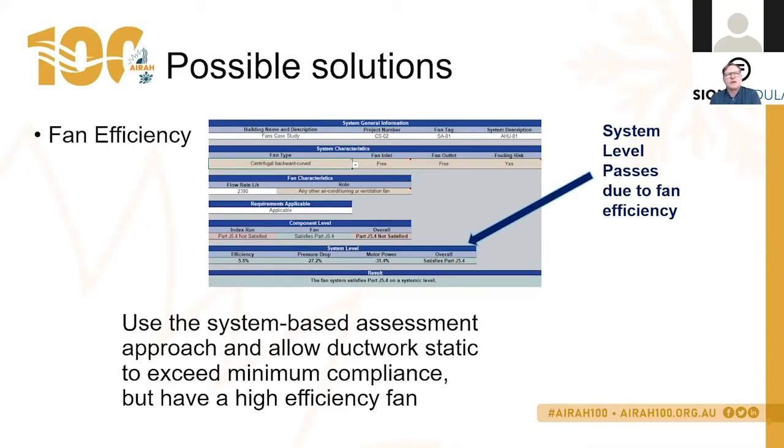That's a combination of the ductwork static pressure losses and the fan efficiencies, and then you can compare that to your selected fan efficiency, and if you can still achieve a better fan efficiency, you can achieve compliance at a system level. So that's possible, in particular using the ABCD calculator. It's a good way to try to determine a solution there.